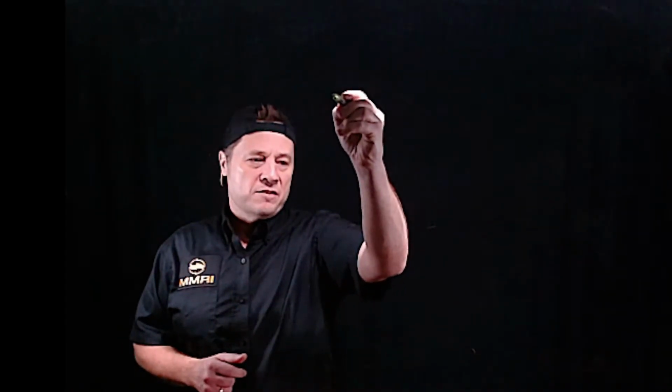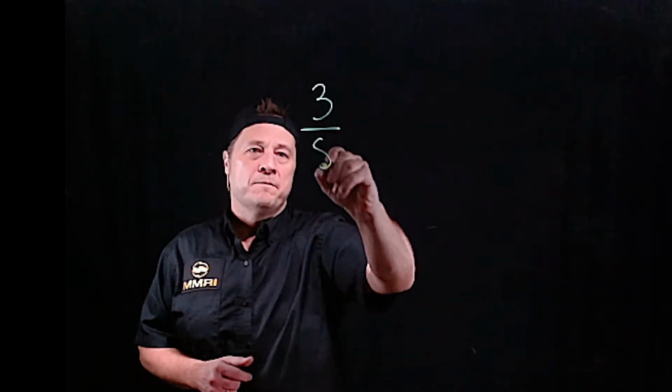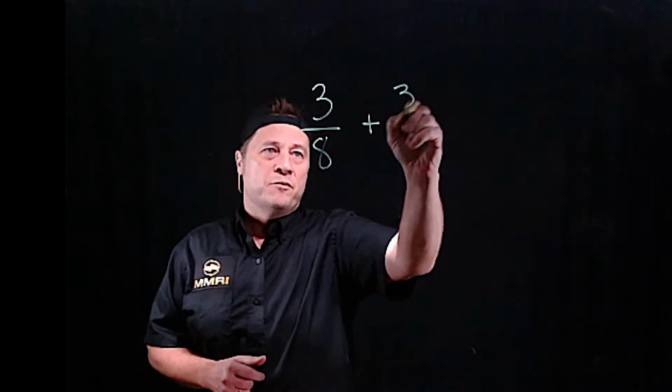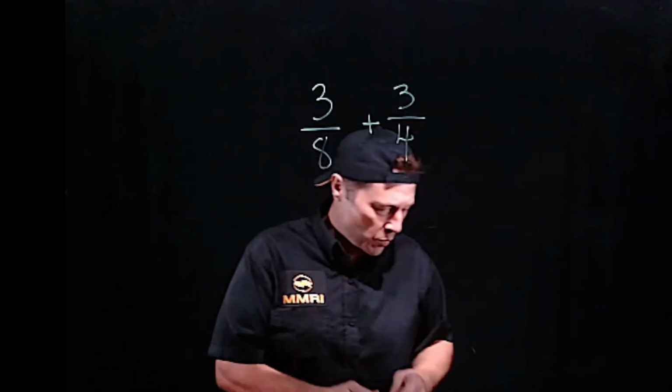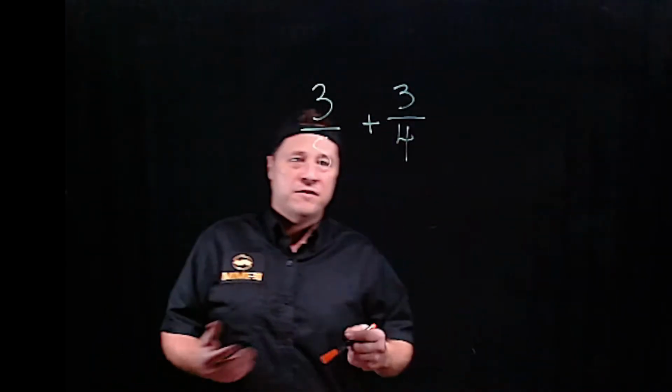The first thing that we have to understand about adding and subtracting fractions is that we have something called a common denominator that has to be observed and used so that you can add and subtract fractions. For instance, if we had 3/8 plus 3/4, we need to add these two fractions.